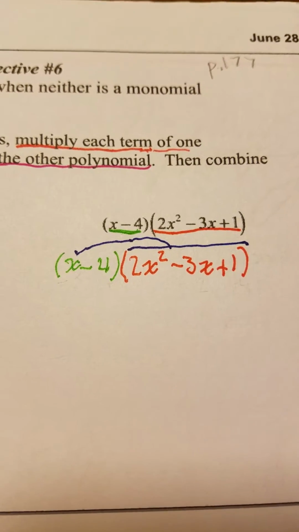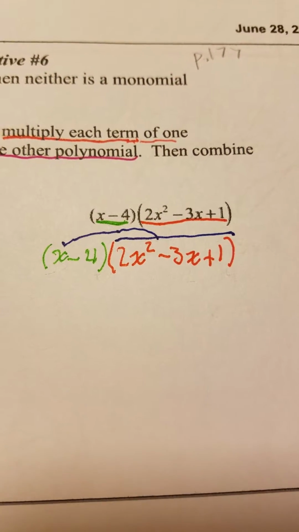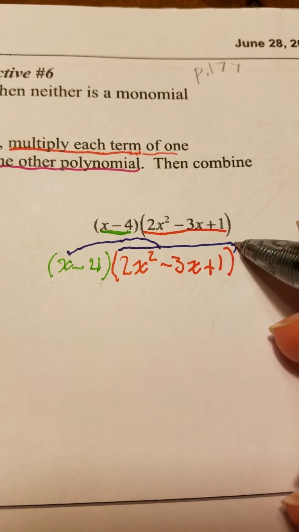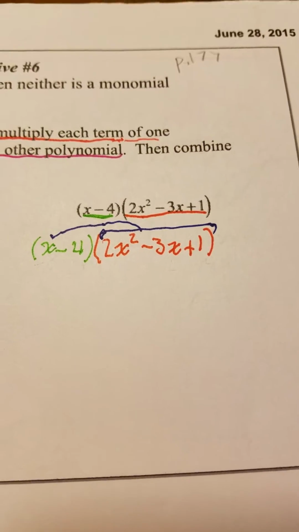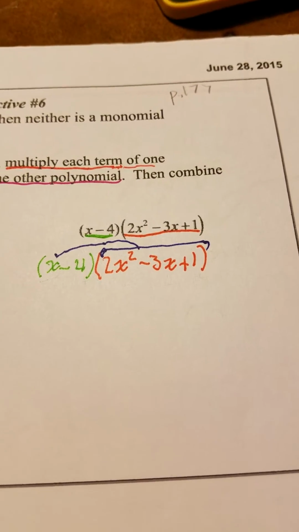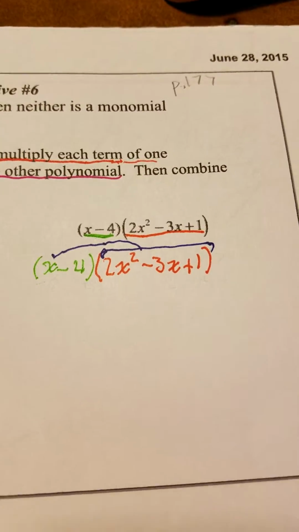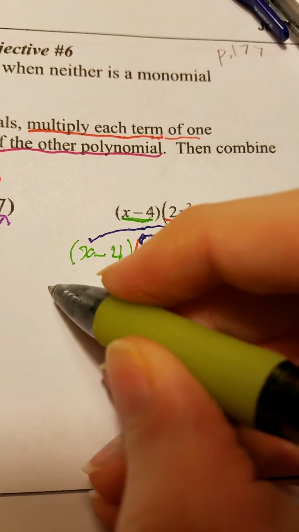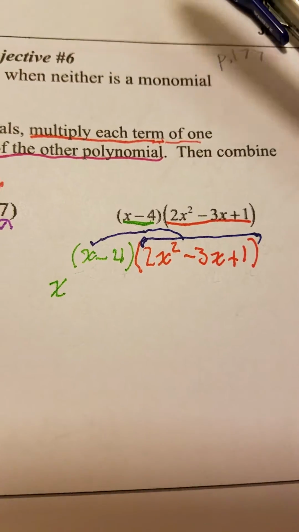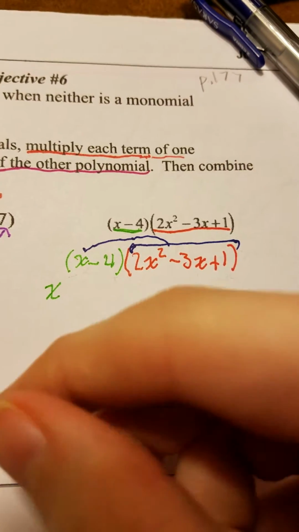Okay, and then we're going to distribute the 4 to the whole nine yards. So you take your x and multiply it times all of that on the inside.